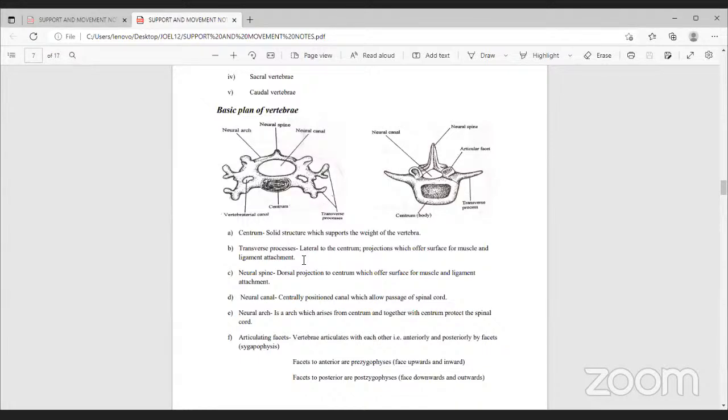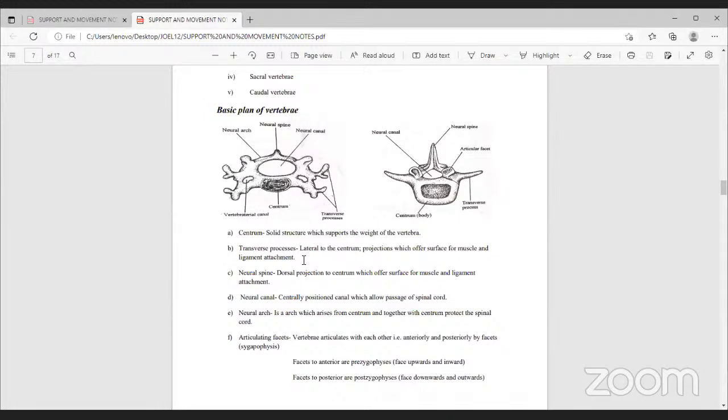We have the transverse processes. In the second diagram, it has been given in a different view. We have the neural canal, neurospine, articular facets, transverse processes, and the centrum of the body. Those are the parts that you are going to be seeing over and over again.